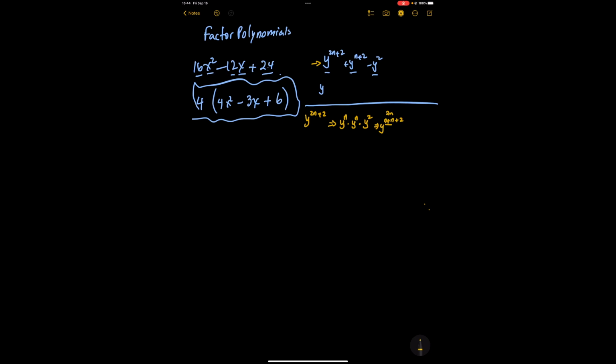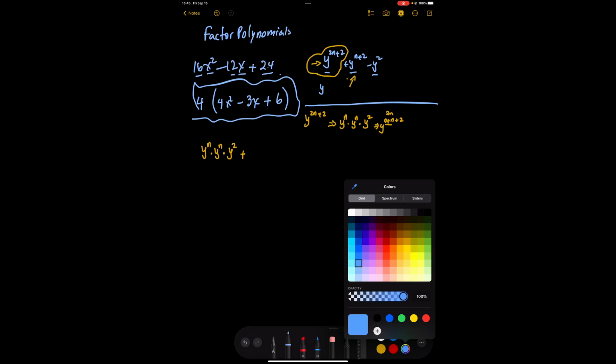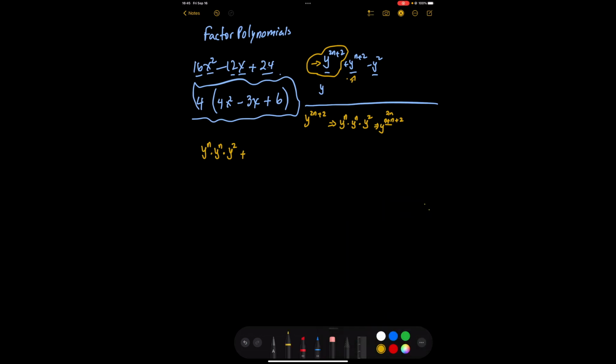That means in this case, instead of writing this like that, we can just say y^n times y^n times y squared plus, now we're going to look at this part. What we're going to do is rewrite this one over here.